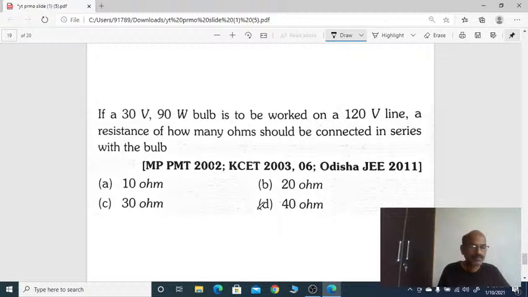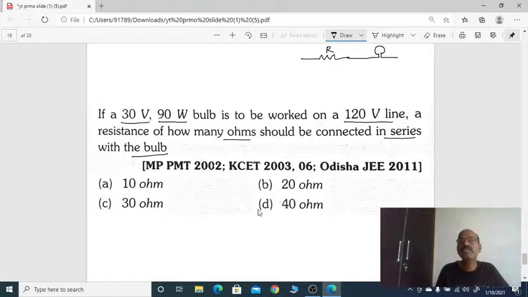Now, if a 30 volt 90 watt bulb is worked on a 120 volt line, what resistance in ohms should be connected in series with the bulb? Question, try to understand how much resistance I have to connect with the bulb.